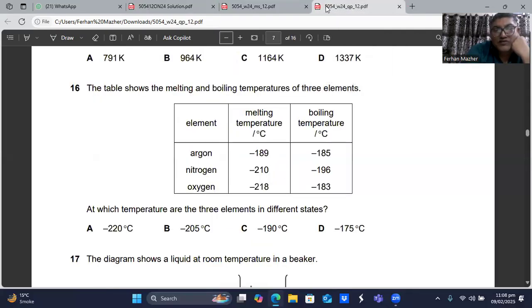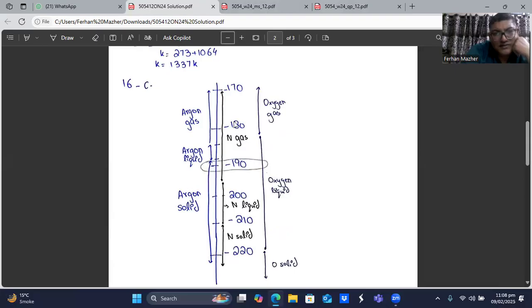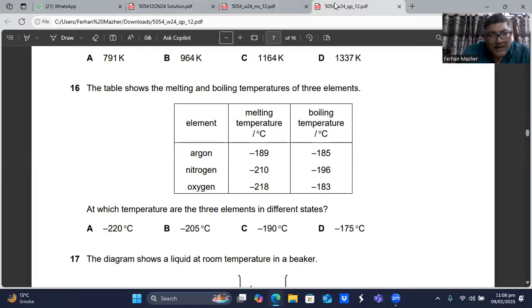So what are their options? At which temperature are the three elements in different states? Okay, so what is this temperature? This temperature is from minus 190, 95, 94, something. Okay. Minus 190, I think.